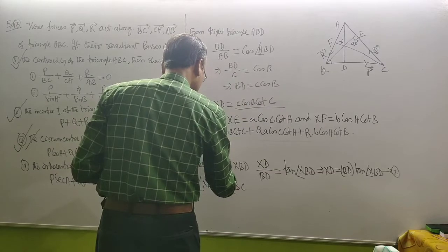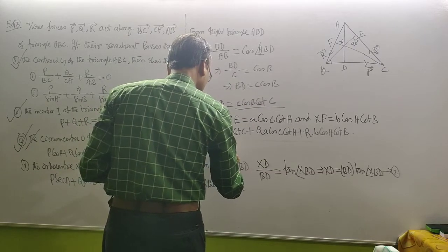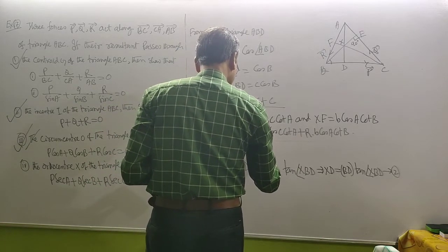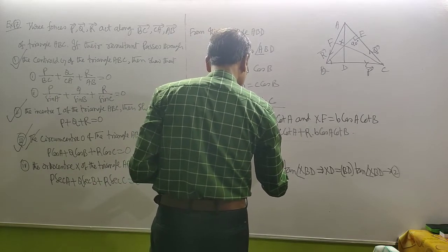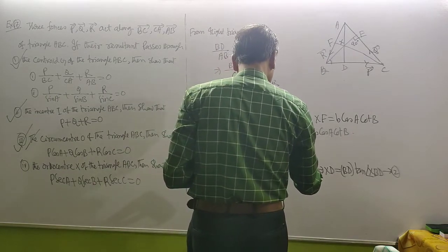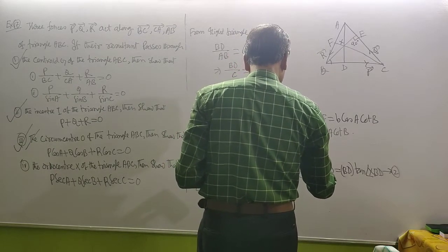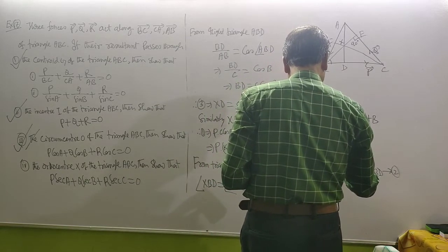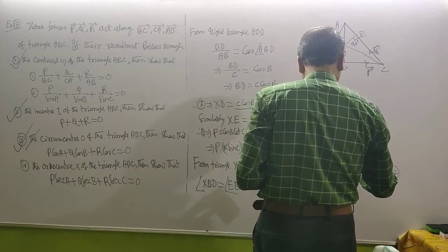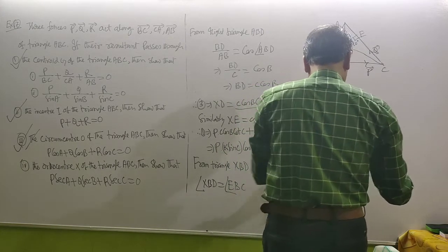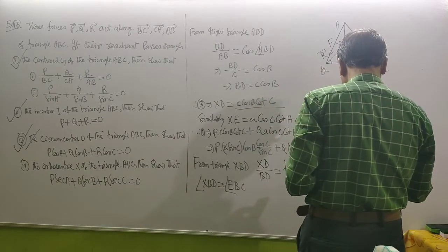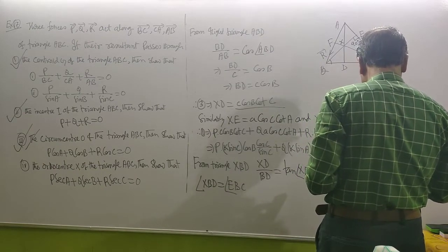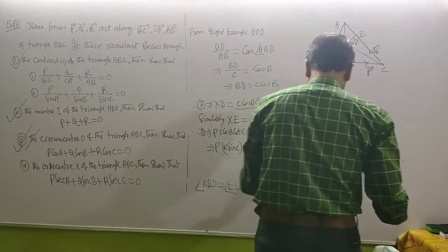This means P, writing c as K sin C, gives K sin C cos B cos C by sin C, plus Q, with a as K sin A, gives K sin A cos C cos A by sin A, plus R, with b as K sin B, gives K sin B cos A cos B by sin B.